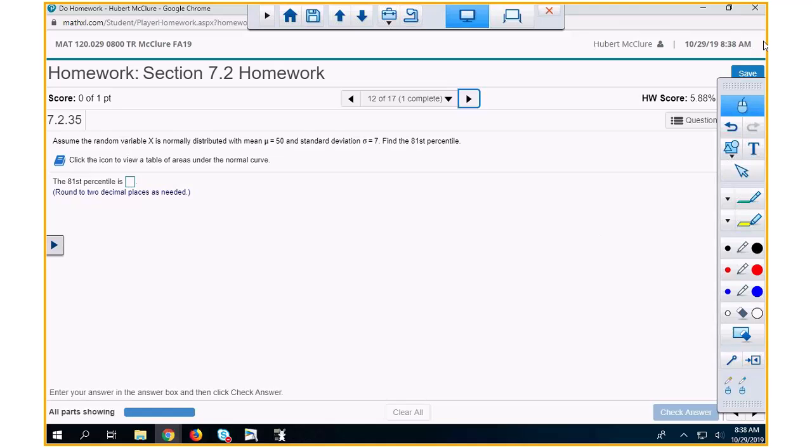We haven't done one like this, so everybody should be writing this one down because you haven't done one like this before. So draw a picture, and this time you need to draw 81%.